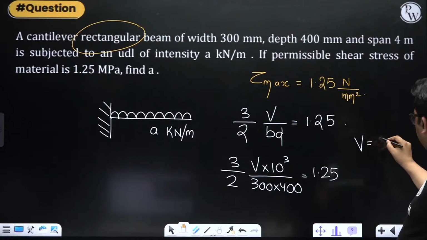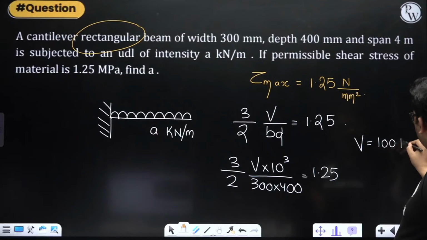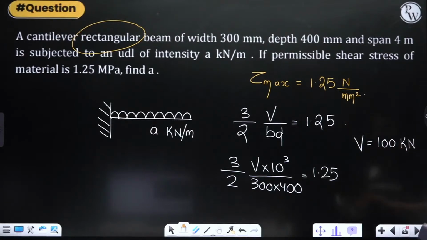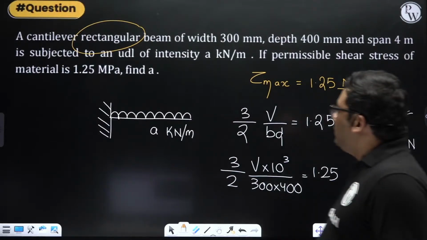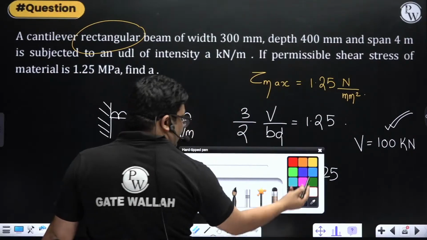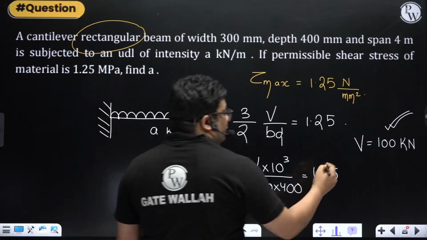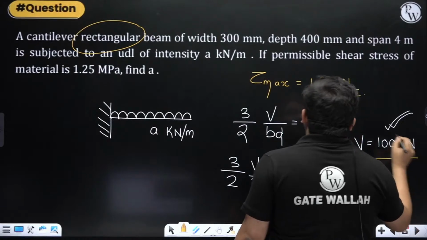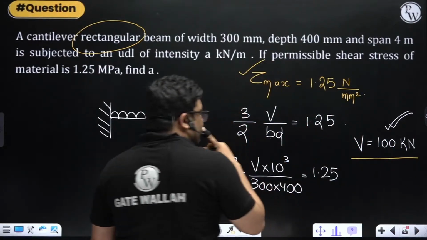V I am getting as 100 kilonewton. Okay? So this is 100 kilonewton. Now that means for this much shear force, we are getting this maximum shear stress.